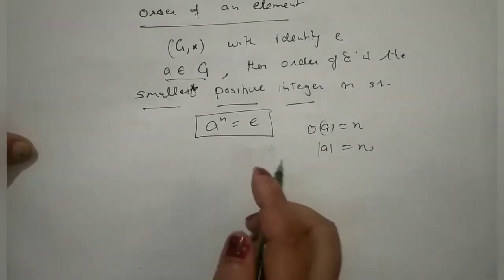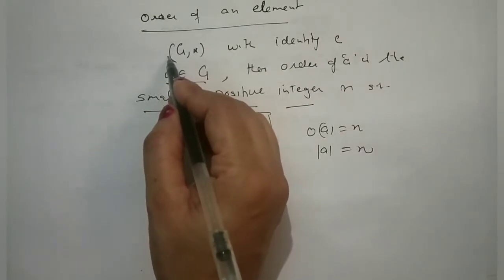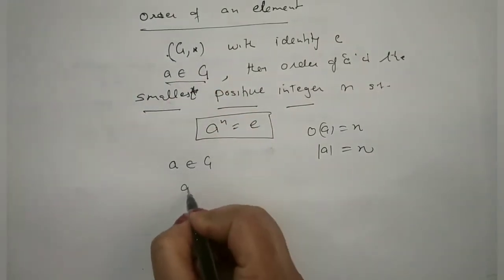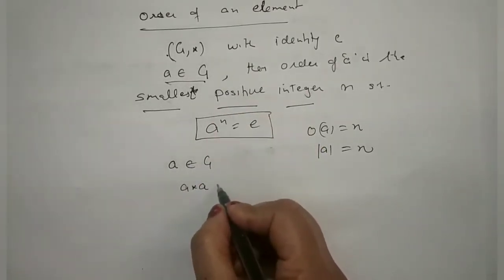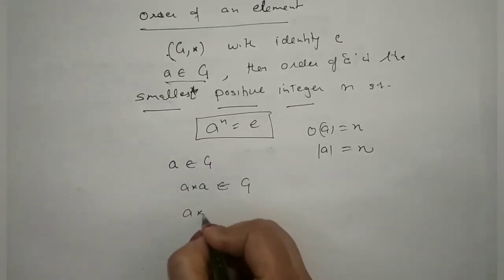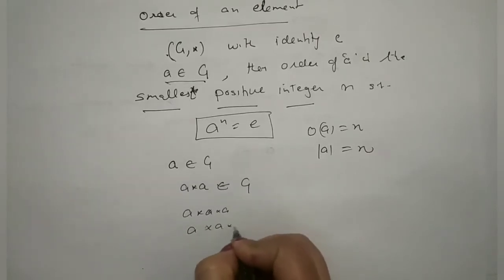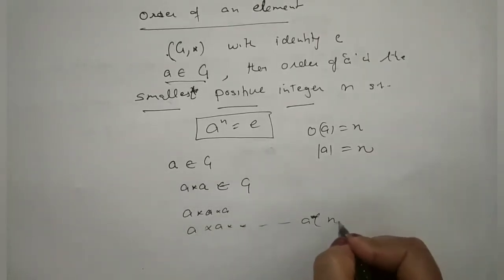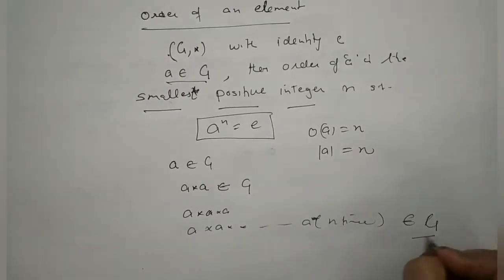Now we can conclude one thing from here. Because G is a group, the closure property holds. If we take element a from G and multiply a with a under this operation, the resulting element must be of G. Then if we multiply it 3 times, or n times, the resulting element is also from the group.